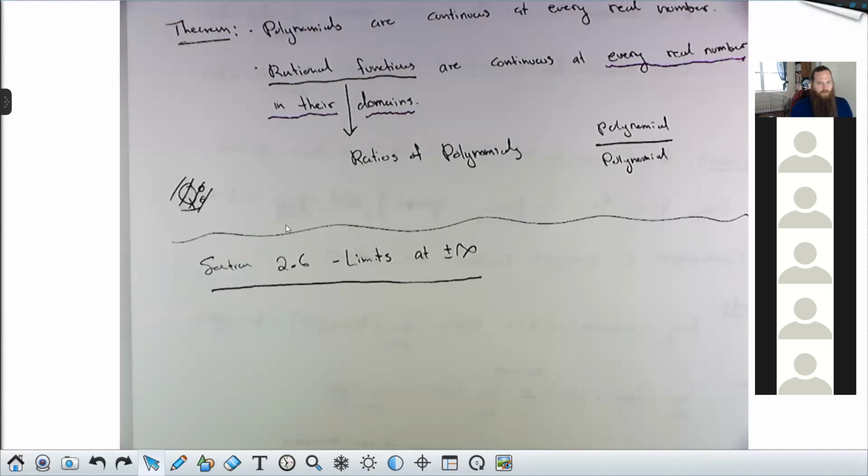Okay, thank you. All right, so the last thing I want to share with you guys: limits at infinity. Basically, these are like horizontal asymptotes.